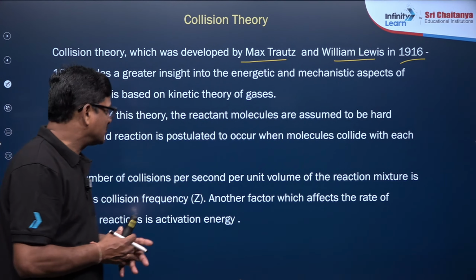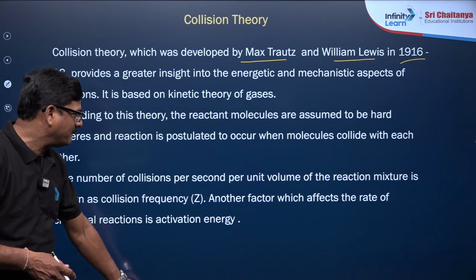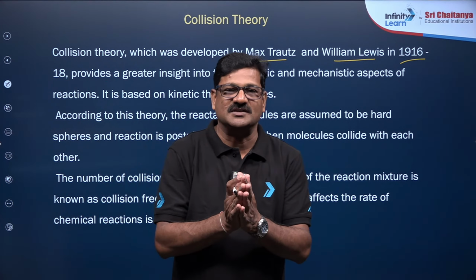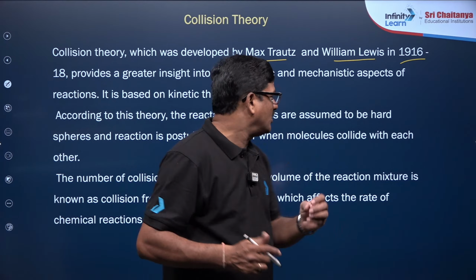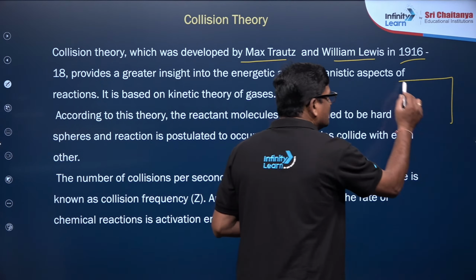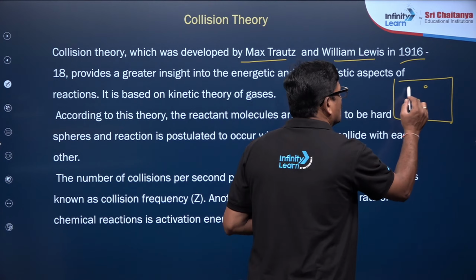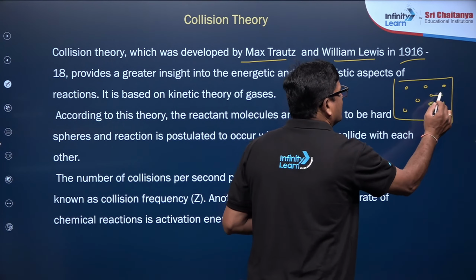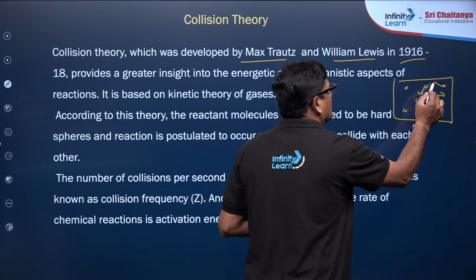When a chemical reaction is taking place, reactant molecules have to make a collision among themselves. The reacting species are always in random zigzag motion.